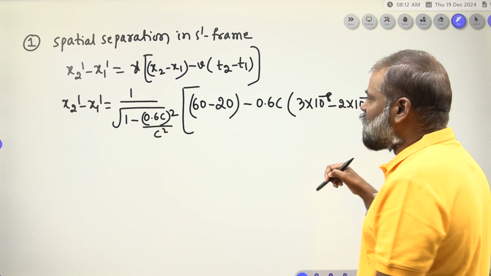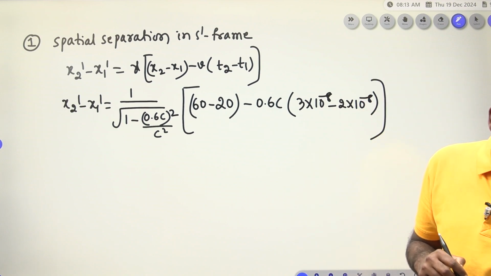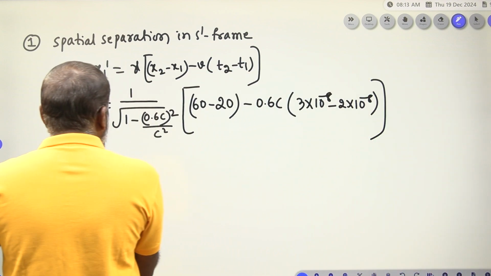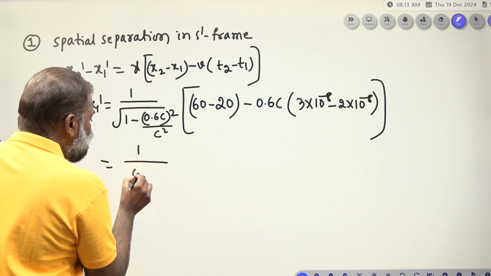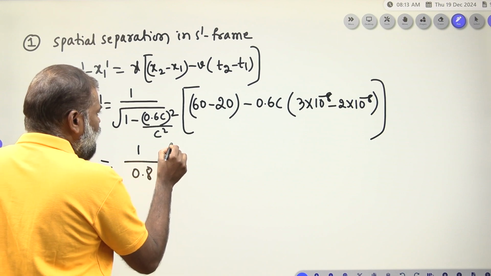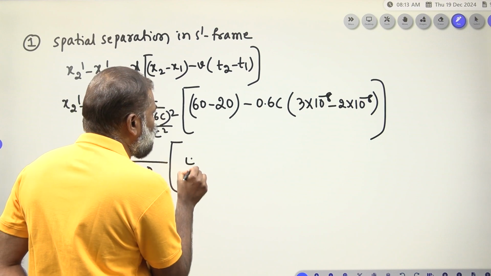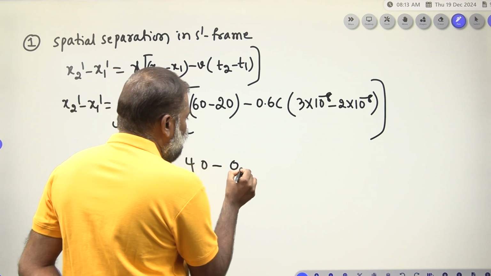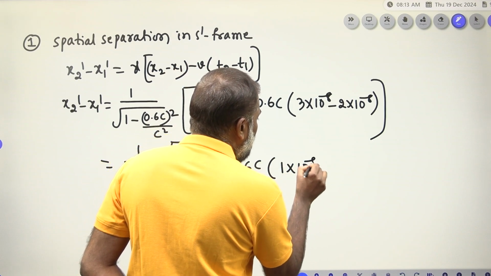So, based on this you have to calculate the value. How much value do you have to get? 1 by 0.8 you have to get. So, this is equal to 60 minus 20, which is 40, minus 0.6 c into 1 into 10 to the power of minus 8.